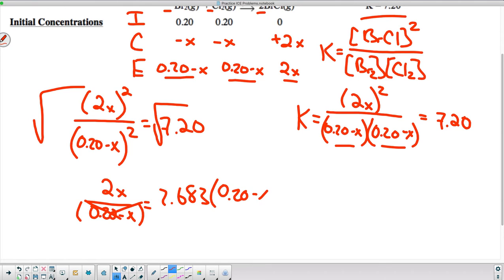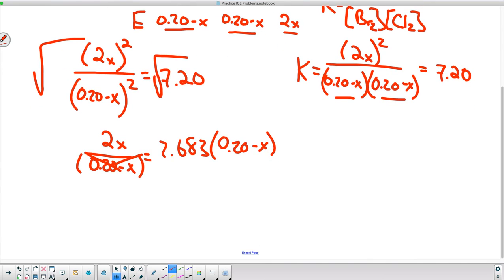And what I end up with then as I continue on is 2x equals 0.5367 minus 2.683x, when I multiply here and there.